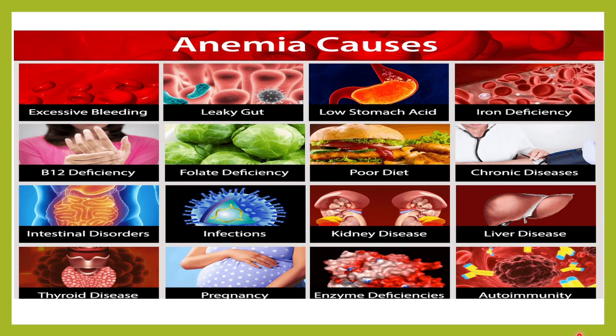Autoimmunity, immune mediated hemolytic anemias. Certain medicines, they can cause hemolysis that can lead to anemia. Enzyme deficiency like G6PD deficiency, pregnancy wherein there is an increased demand, growing children, lactation, all these can lead to anemia. Thyroid disorders, they can cause anemias. So all these can lead to anemia.